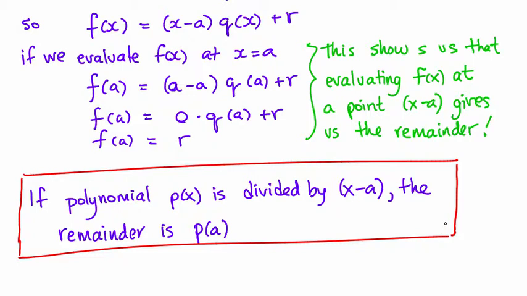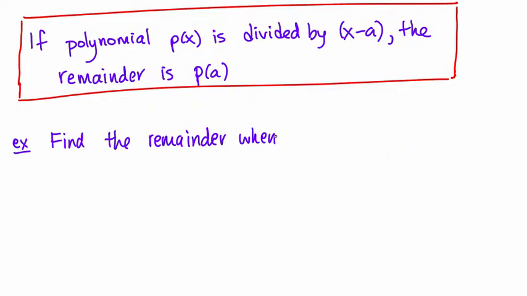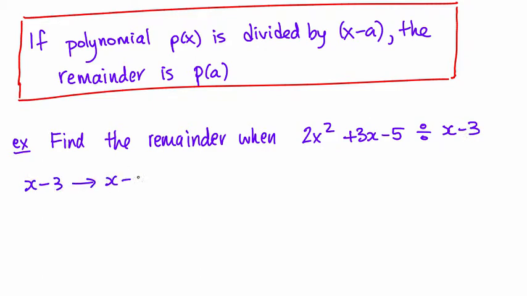Let's take a look at an example. In this example, we'll see if we can find the remainder when 2x squared plus 3x minus 5 gets divided by the polynomial function x minus 3. So x minus 3 tells you that, if we thought about this as x minus a, that means that a is 3. And so I should just be able to take the polynomial function, and instead of using x, I use a is equal to 3, and substitute it in.